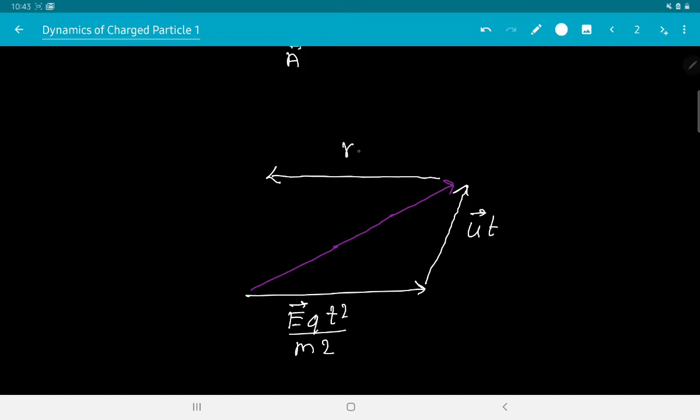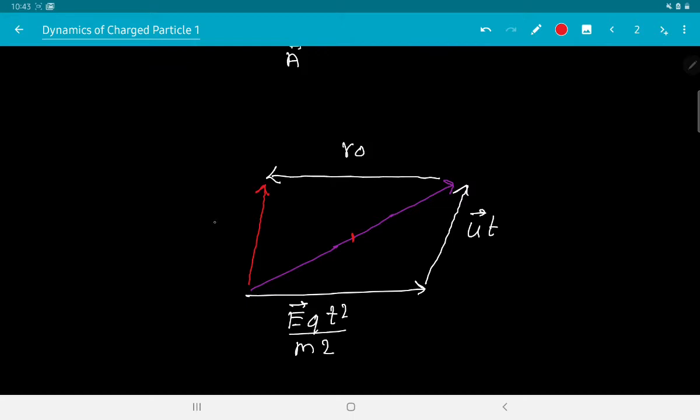This is r naught. So the resultant of all these three we will get by joining from the first vector to the second vector. Here the first vector is this one and the second vector is this one. So this will be the resultant.